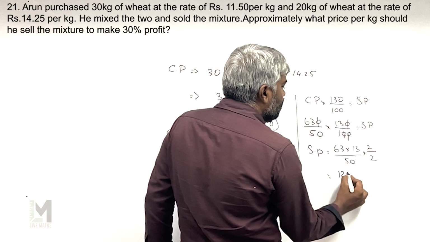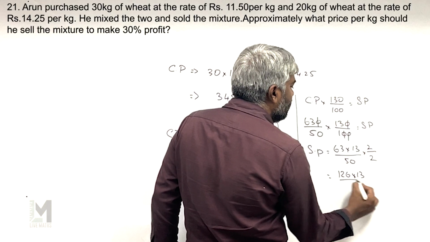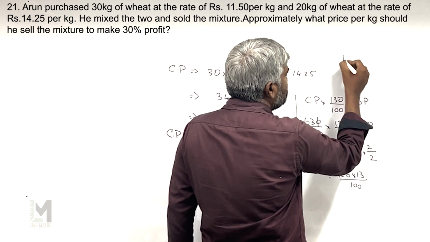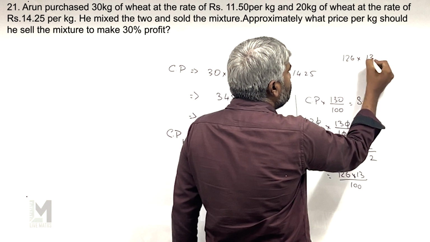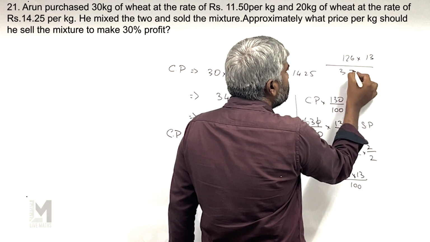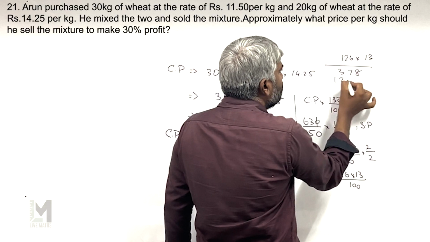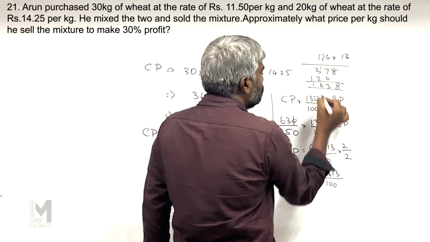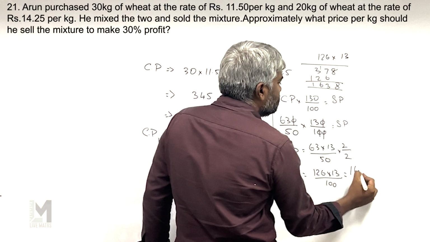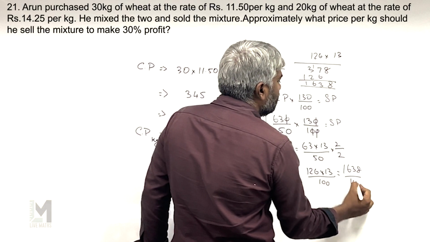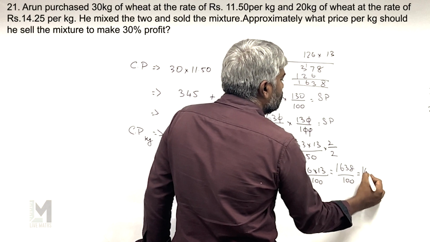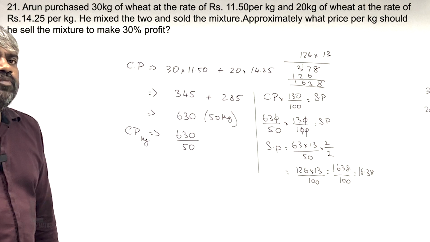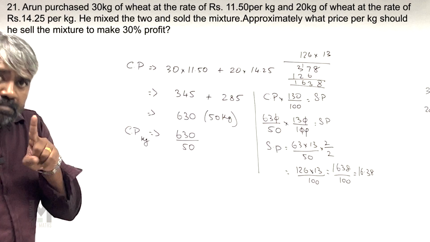So 126 into 13 by 100. Just do normal division multiplication. 126 into 13, so 378, 126, which will give you 1638 by 100. So it should be sold at a price of 16.38 rupees per kg.